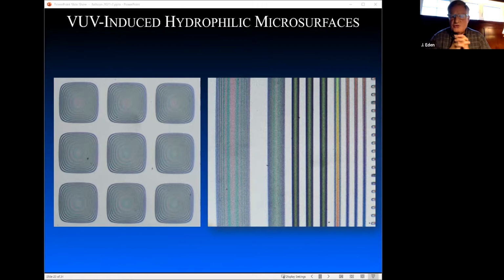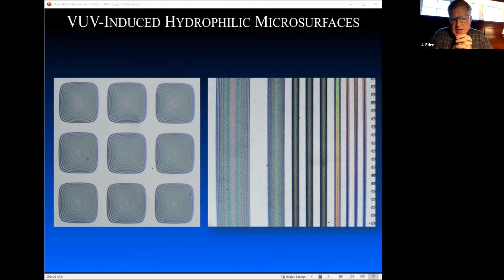So I wanted to introduce you to something we call water optics. And that may sound strange, but one thing that we found is that this vacuum ultraviolet light that I've been describing to you, that can now be produced at very high power levels, does strange things to surfaces of materials. And in fact, as you see at left, what we've done is expose a polymer to this 172 nanometer light through a mask.